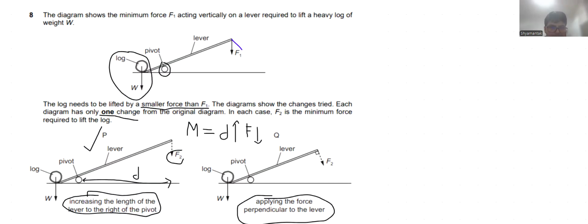So this is effective force, F effective. I'm just going to write FE. If you consider this to be a right angle triangle, F1 is the hypotenuse, so FE is smaller than F1.